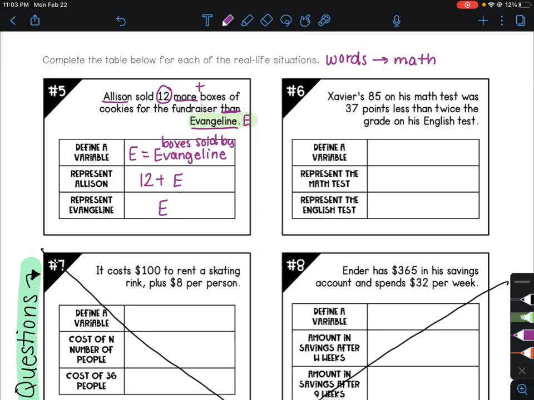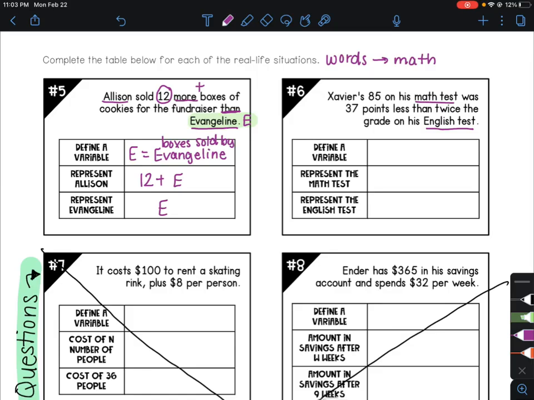All right, number 6. Xavier's 85 on his math test was 37 points less than twice the grade on his English test. I only see one person's name here, so we're not comparing two people. What I did notice was that there was a math test and an English test. So we're actually comparing the grades on those two tests. He got an 85 on his math test.